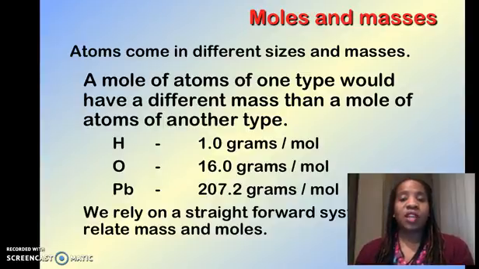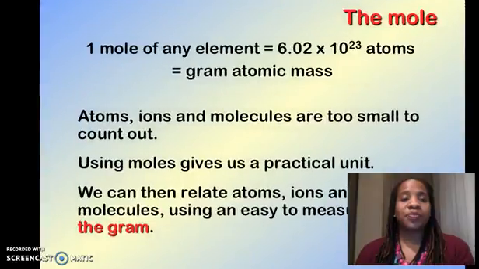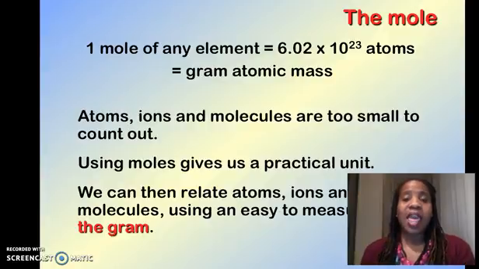So let's look at how we can use this for water. We just said that a mole of any element is 6.02 times 10 to the 23rd atoms, and that mass is going to be the gram atomic mass, the mass that you get from the periodic table, but in grams, okay? So it makes it really easy to keep track of how many particles we have because we can weigh it.